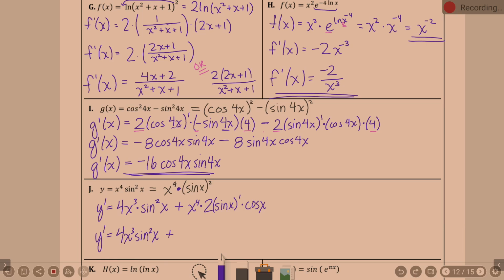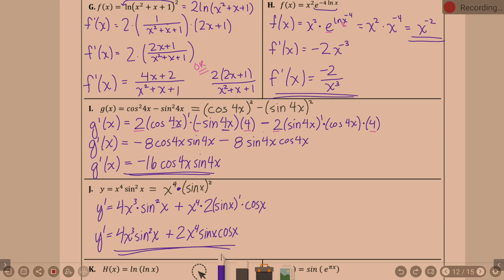About the only thing I would clean up here is x to the fourth times 2 and write that as 2x to the fourth. And so it's 2x to the fourth sine x cosine x. I personally am fine with that.